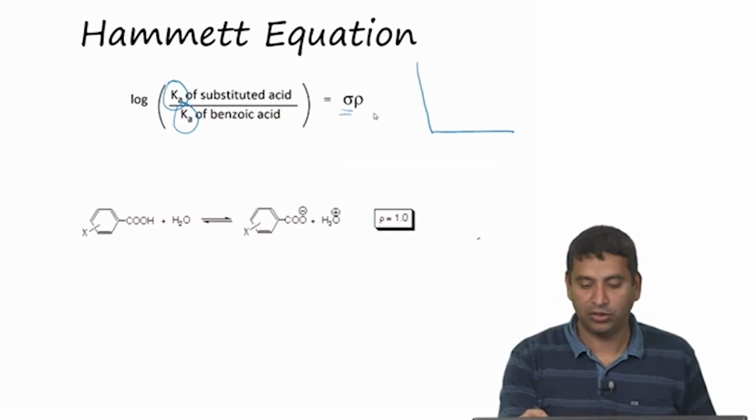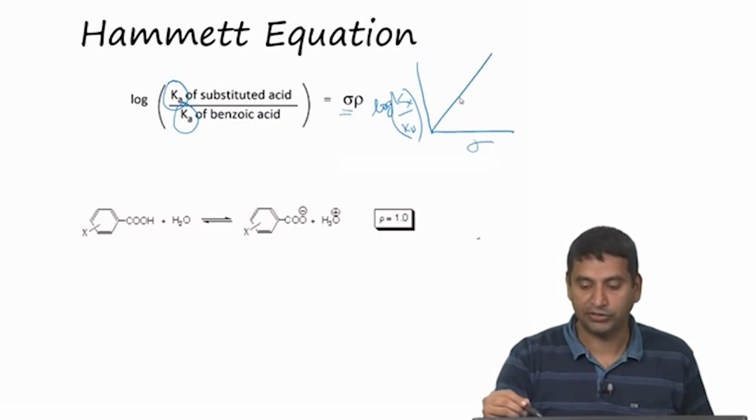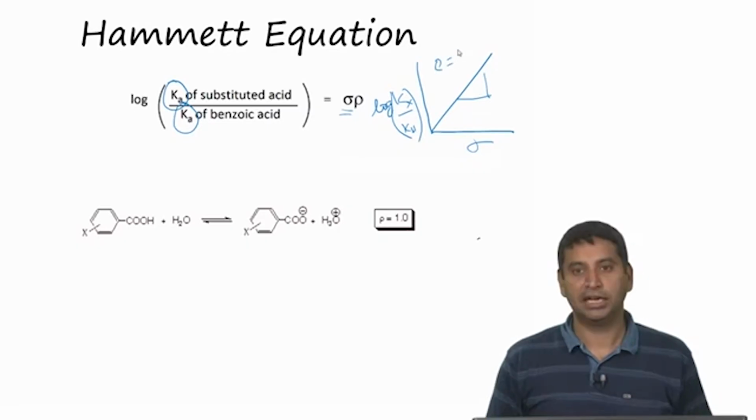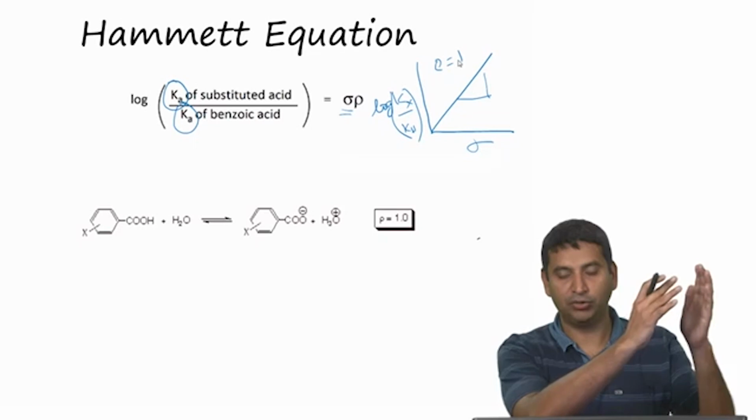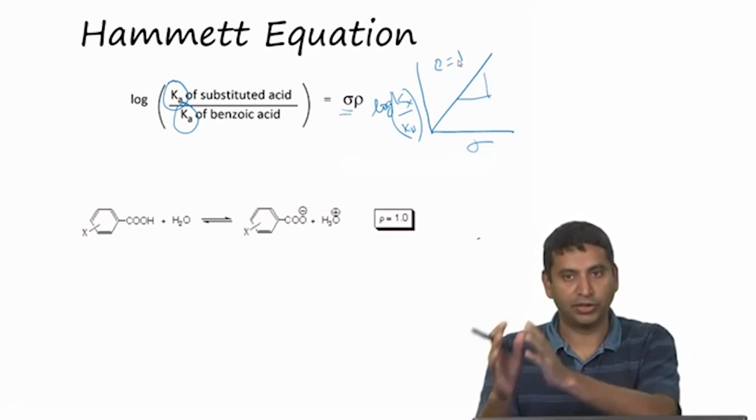If I take log of Kx by Kh for the case of benzoic acid and plot it versus sigma, then I would get a straight line with a slope of 1 and intercept of 0. This is because we are comparing the values of benzoic acid with benzoic acid.